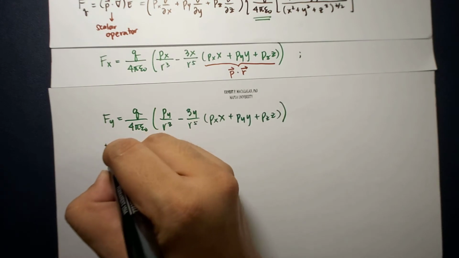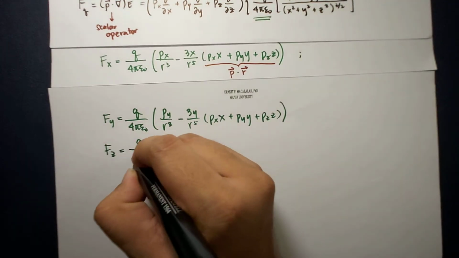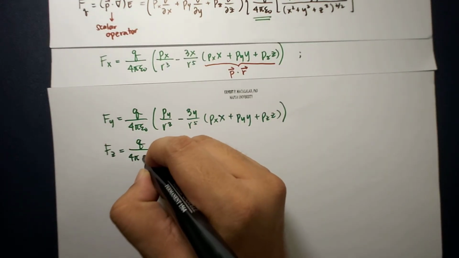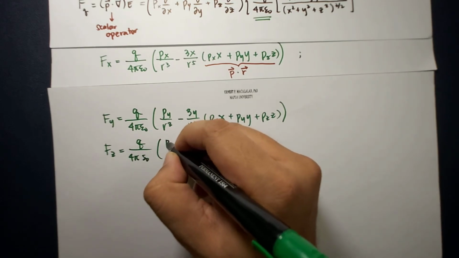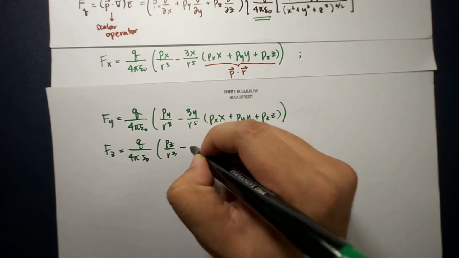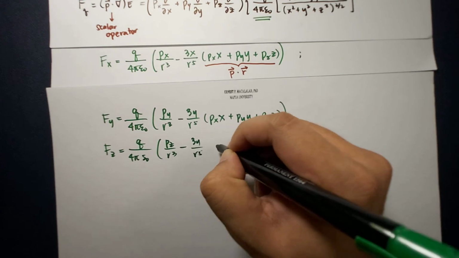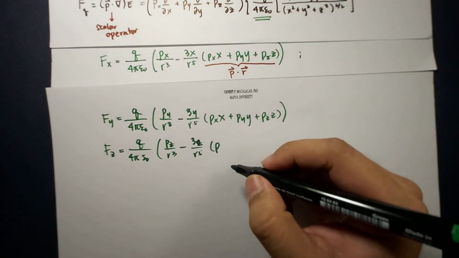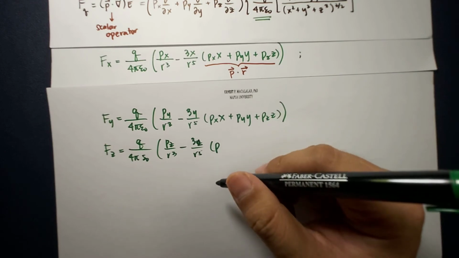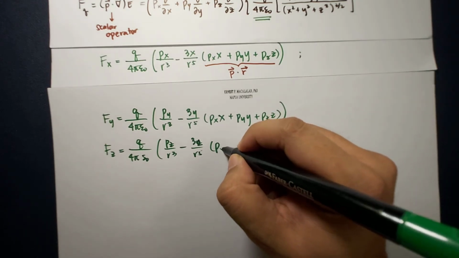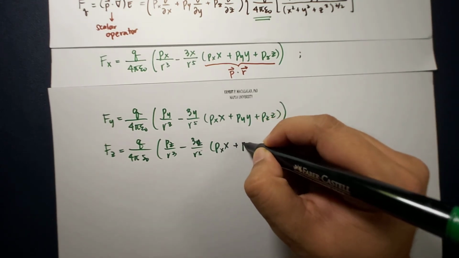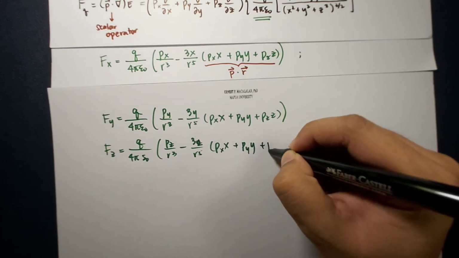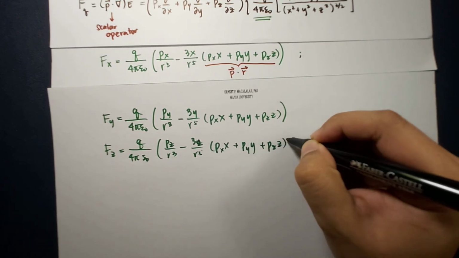And Fz would be Q over 4 pi epsilon sub 0 times Pz over r cubed minus 3z over r to the fifth times Pxx plus Pyy plus Pzz.